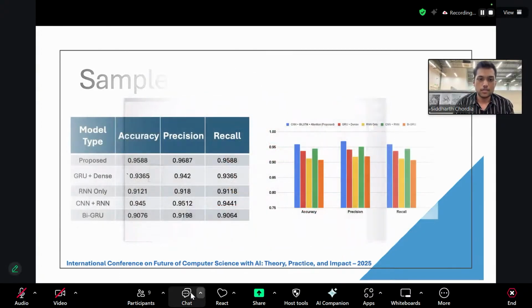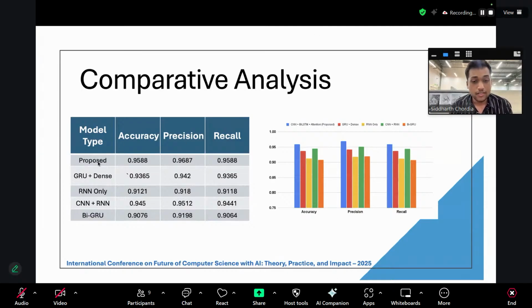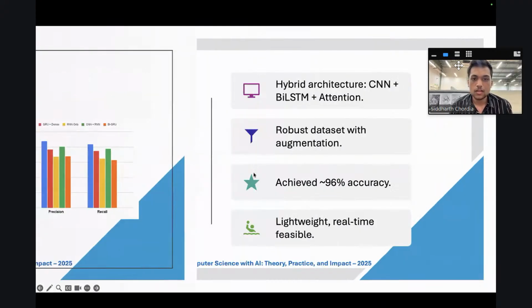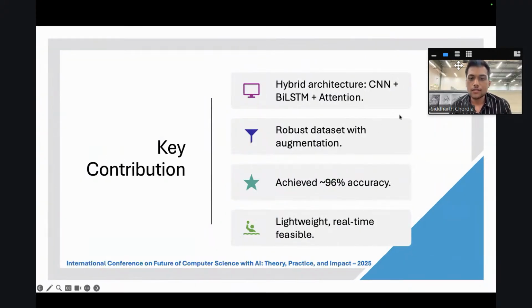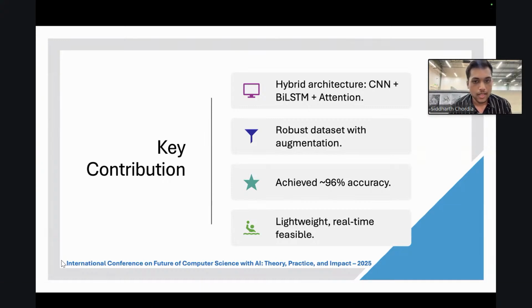And this is the comparison of our proposed model with the state-of-the-art models. We can increase this accuracy by involving transformers and so on. So we have developed a hybrid LSTM plus CNN and attention mechanism model for American Sign Language.